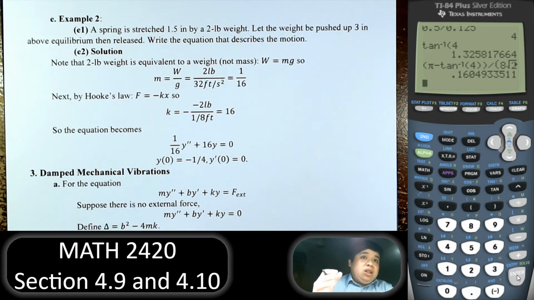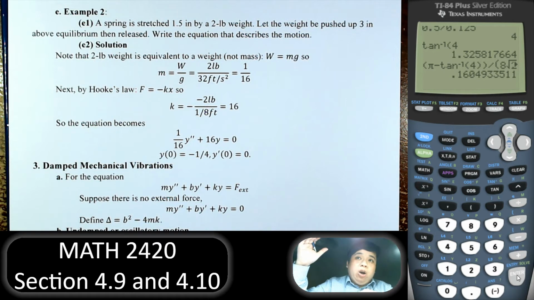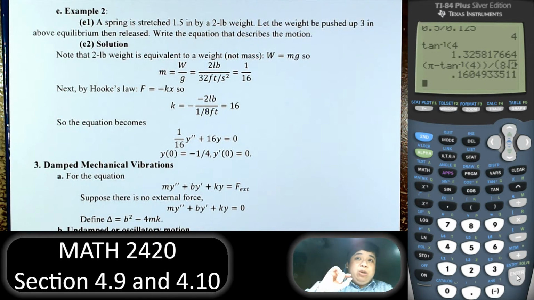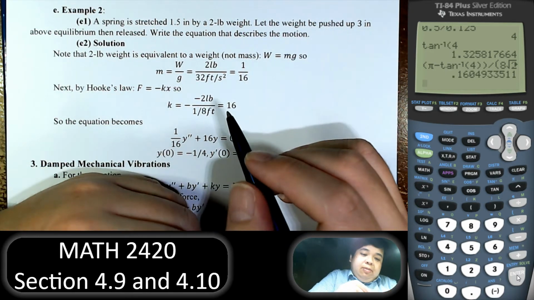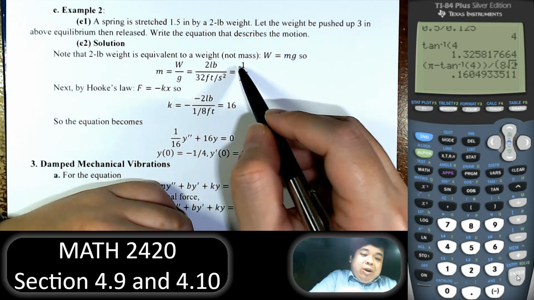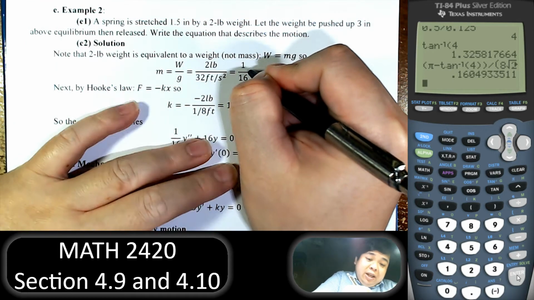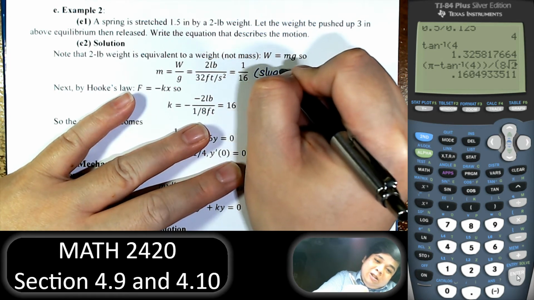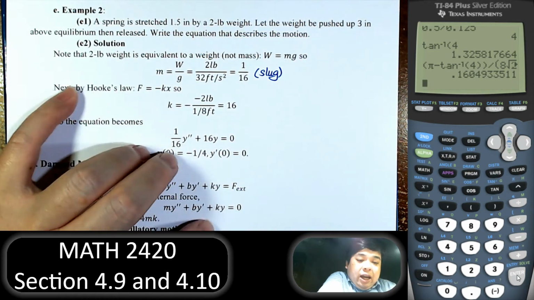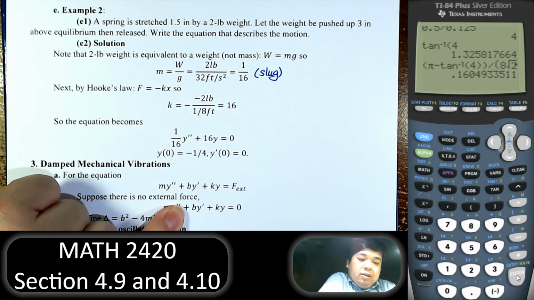If it is further away from the center of the Earth, the gravity will change. So in that case, we divide this, we have 1/16, and the unit for mass in the English unit is called a slug. And Hooke's law, we do the same thing, and that's what we have.